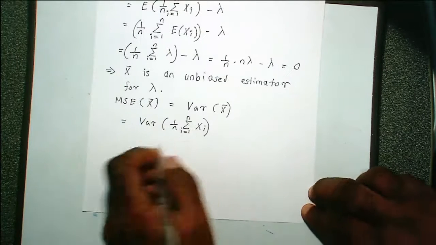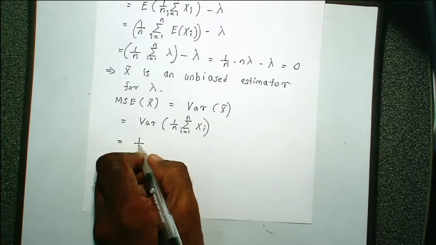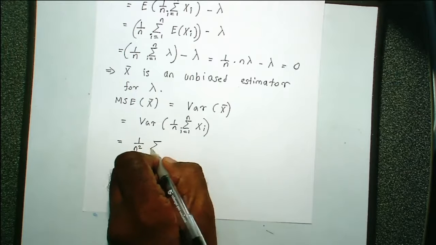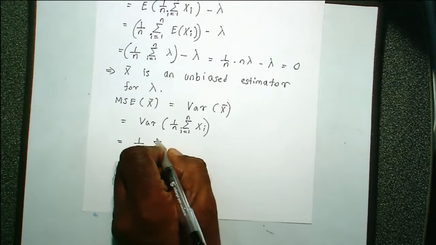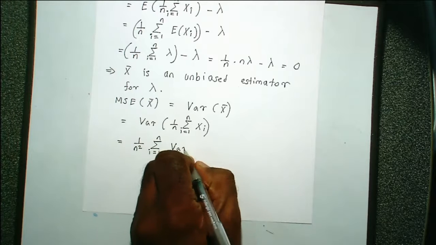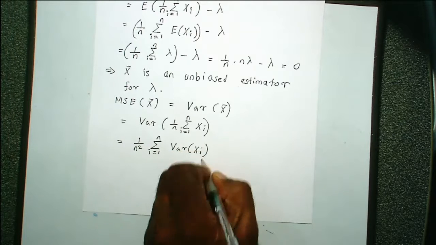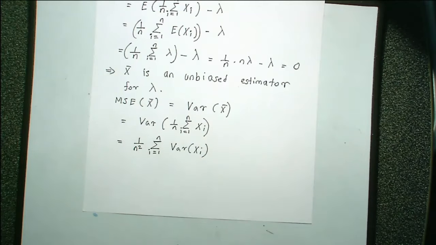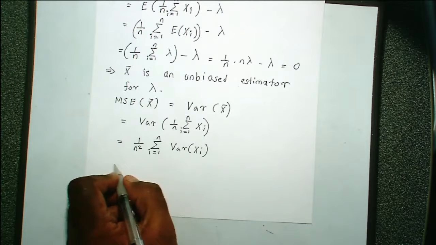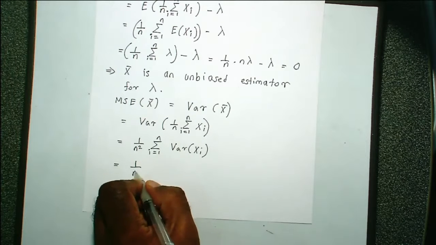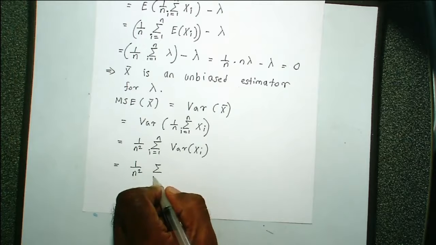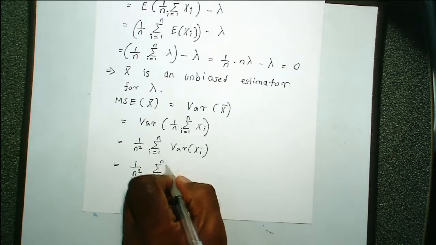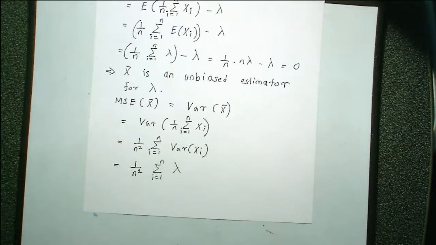Taking the variance inside, you get 1 over n squared times the variance of xi. Now, the variance of xi for a Poisson variable, I'm sure all of you know, is lambda.